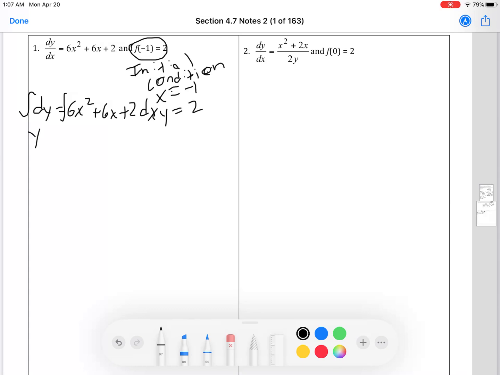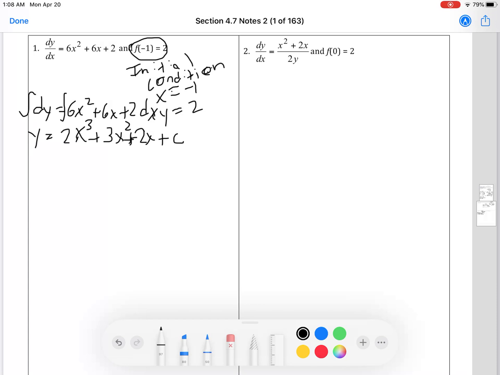So I get y equals, 3 times 2 is 6, so I would call this 2x cubed plus 3x squared plus 2x plus c.